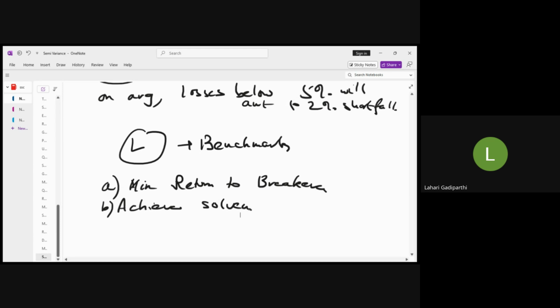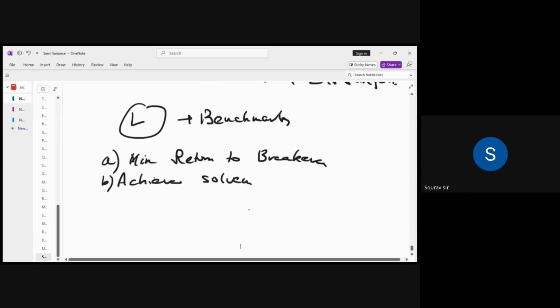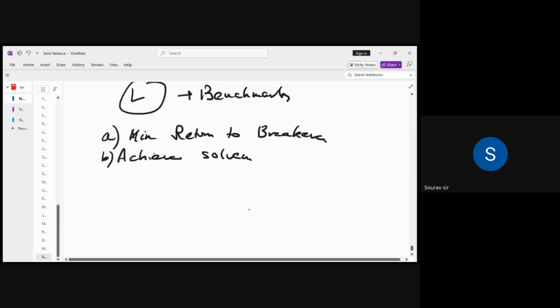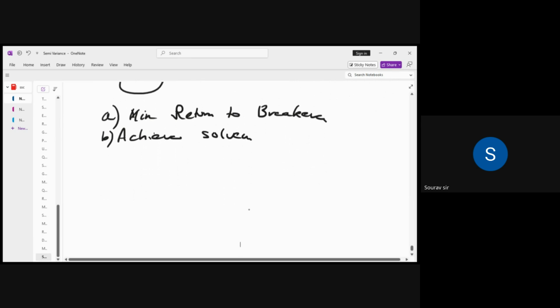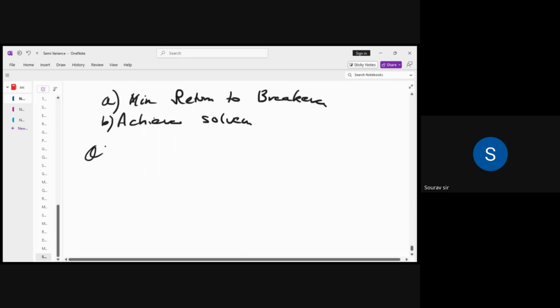So we did variance, VaR, and expected shortfall. Now again a question. You are given the probability of investment return in percentage.